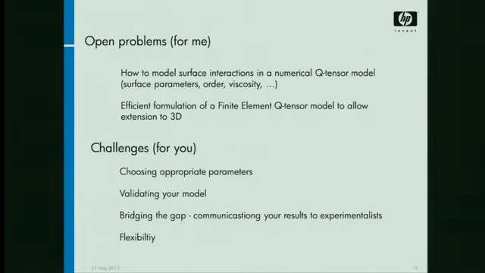And so the challenges for any model are, how do you choose the appropriate parameters for your model? So for the Q-tensor model, for example, how do we know what elastic constants to use? How do we know what to use for a flexoelectric term? And so on.